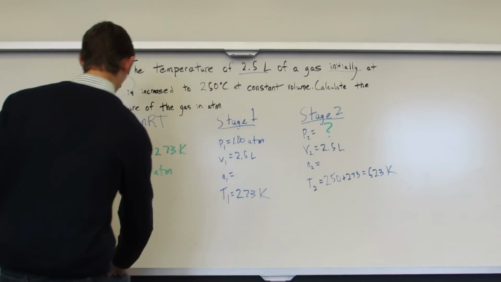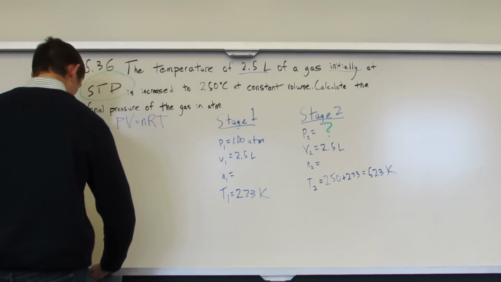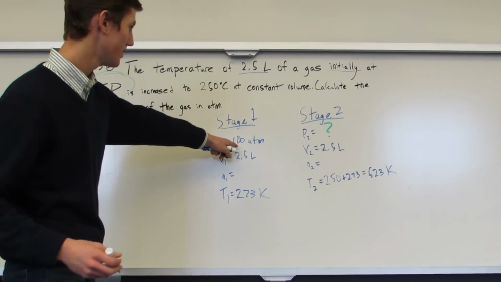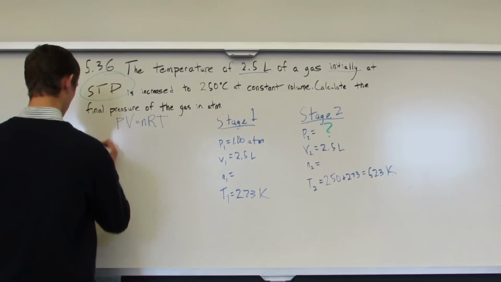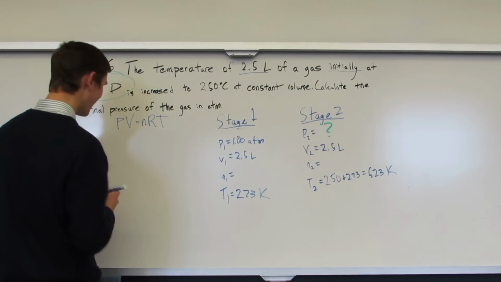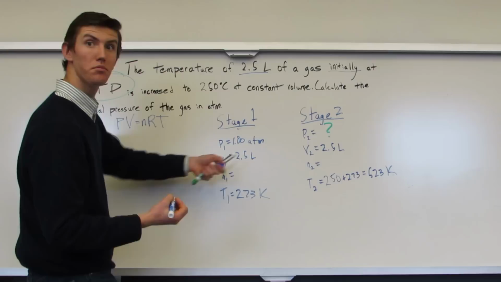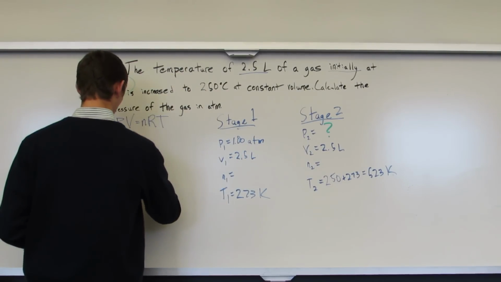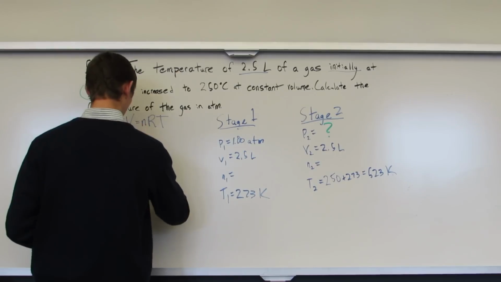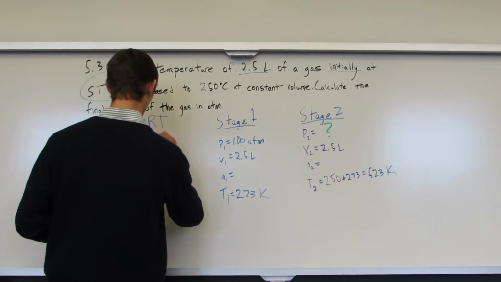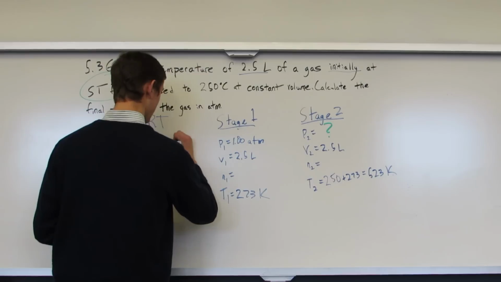PV equals nRT. So P is 1 atm. Volume 2.5 liters. Remember liters. N we don't know. R is 0.0821. That's constant.